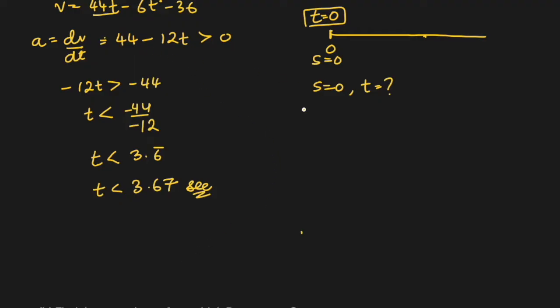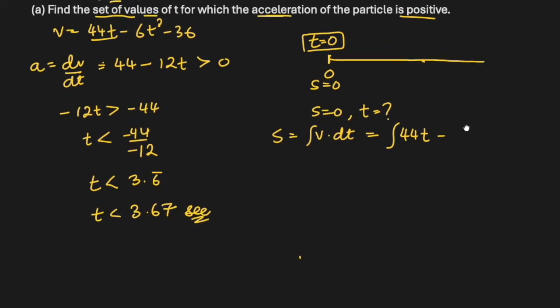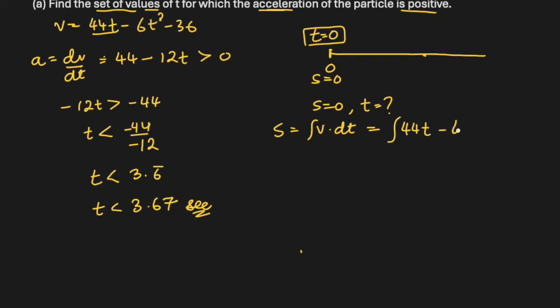To find the displacement from the velocity equation, we integrate. So s is v integrated with respect to time, that is the integration of 44t minus 6t squared minus 36 with respect to time.